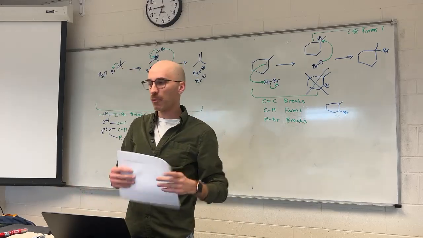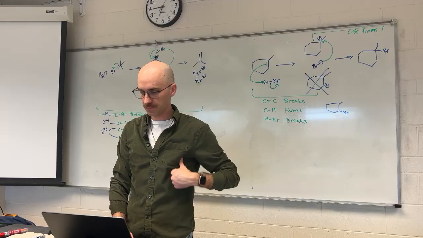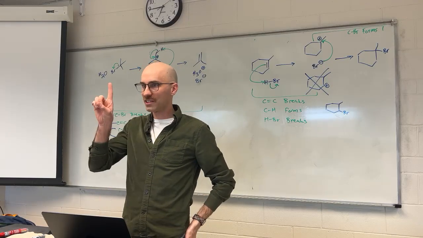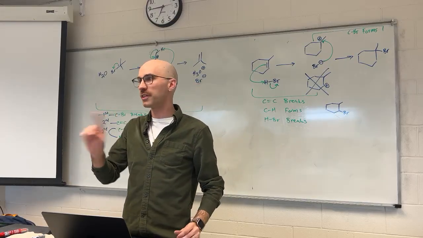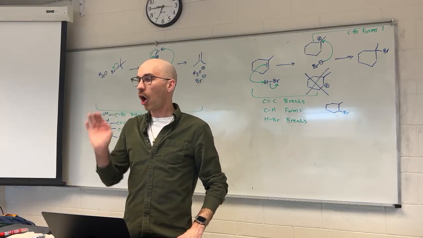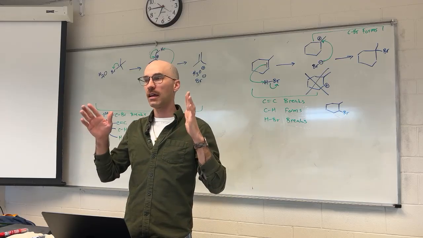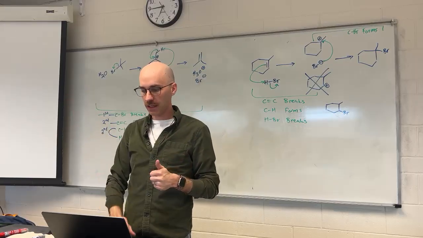On the top row, how many steps are these reactions? One step. The top row is a one-step reaction, two different one-step reactions. All of the bonds forming, all of the bonds breaking have to happen at once. Second row, how many steps?